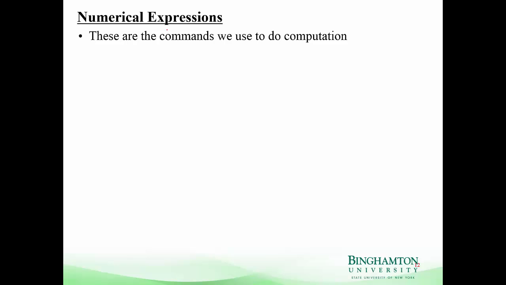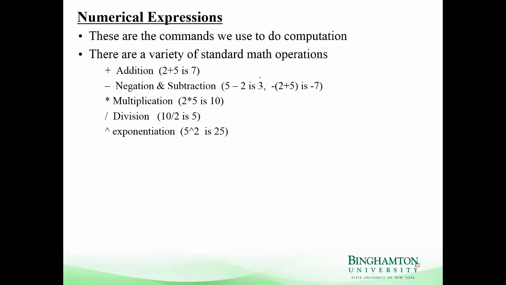A numerical expression is just a command that we use to compute from numbers, and those numbers could be put in directly or could be stored in variables. These are pretty straightforward. We've got the plus, the negative, which means negation or subtraction. We've got multiplication, which is represented by star. We've got division, which is represented by the slash.